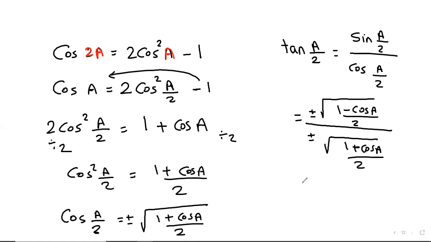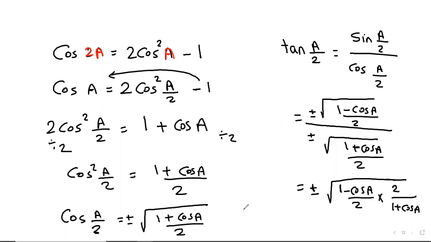Positive or negative divided by positive or negative is positive or negative, and we write one square root for both of them. When dividing, keep it, change, flip. So that is 1 minus cosine A over 2, and flip this because we are dividing, 2 over 1 plus cosine A. So we ended up with tan A over 2 equal to positive or negative the square root of, cancel 2 and 2, 1 minus cosine A, all divided by 1 plus cosine A.